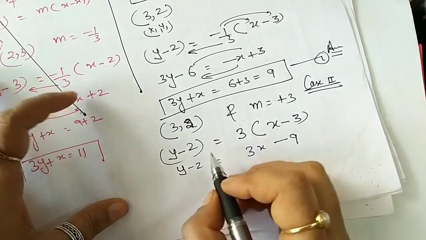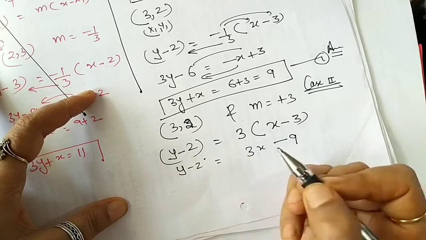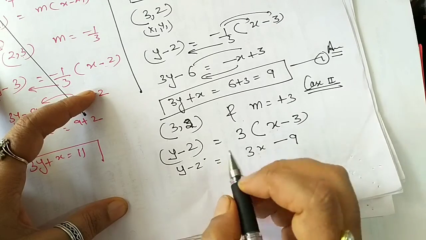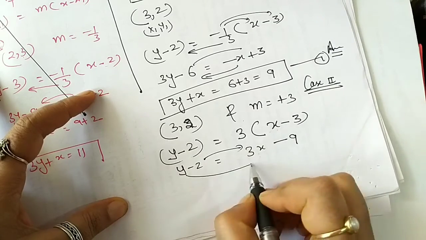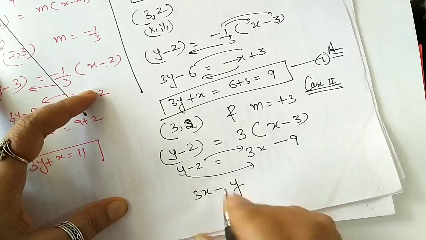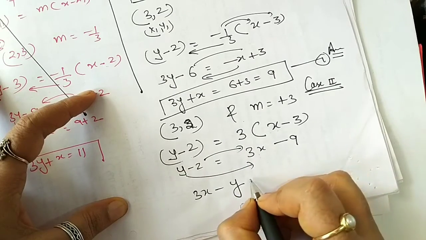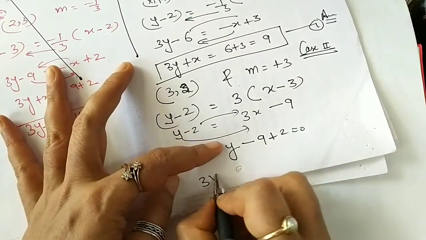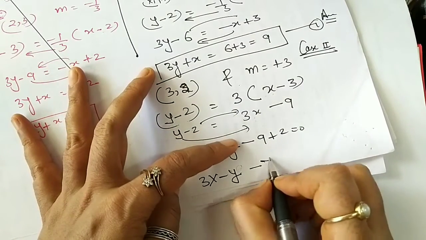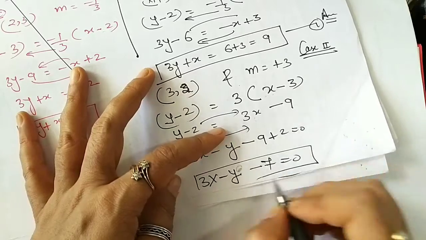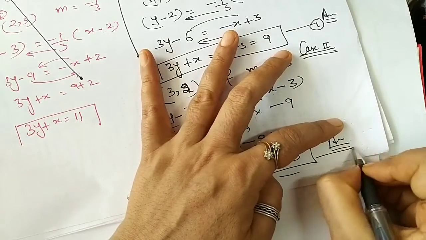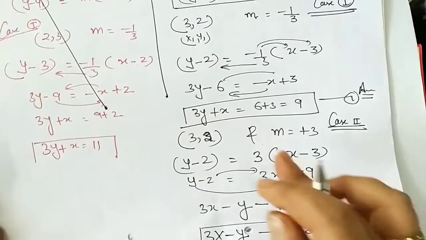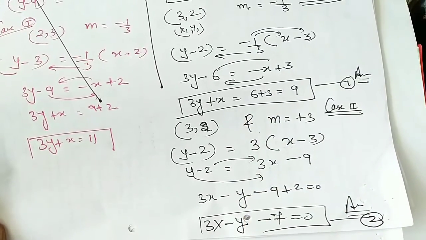Correct. So I will take everything here. So 3x minus y, this y became minus y, minus 9 plus 2 is 0, which is nothing but 3x minus y minus 7 is 0. This is my second possible equation. So this is the first possible and this is the second.